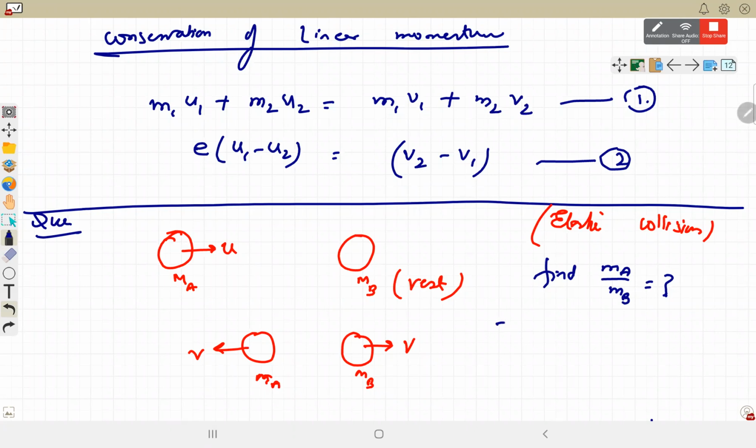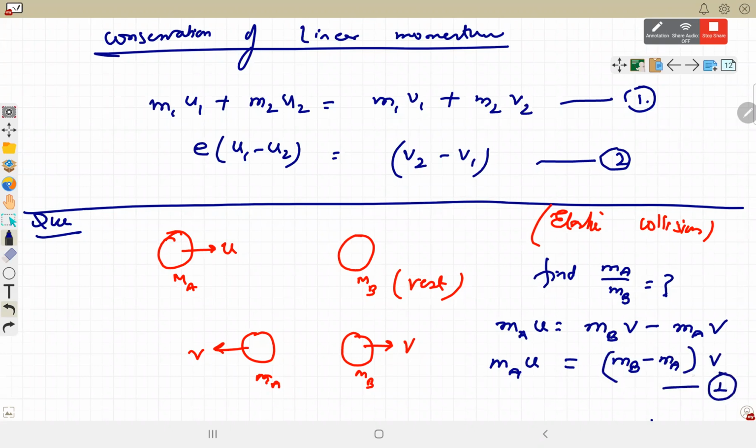E is 1 means relative velocity of separation will be equal to relative velocity of approach. So the first equation, of momentum, is done. Initial momentum is ma times u. Final momentum is mb into v minus ma times v. So mass of A times u is equal to mb minus ma times v. And second is the velocity of separation.